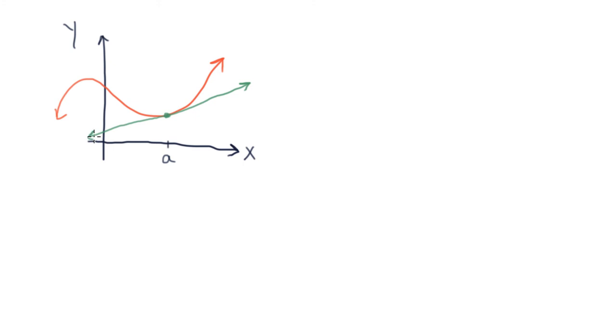Okay, so here's f of x, our function, and then we have a tangent line. We'll be a little bit more specific about what the tangent line is in a second. But the derivative, f prime of a, is equal to this number m, the slope of the tangent line. So geometrically it's very clear what the derivative is telling us.